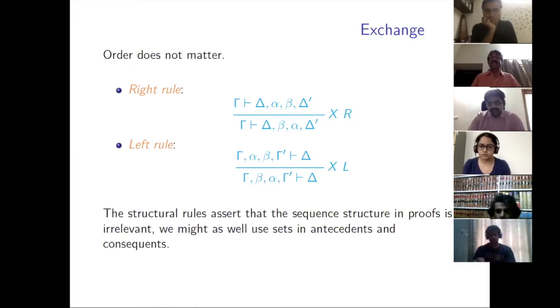What we are saying is that you can do the swap anywhere in the middle. By putting delta and delta prime on both sides, I'm saying that you can do the swap anywhere within the sequence. You can do the swap on the right hand side, and you can do the swap on the left hand side.